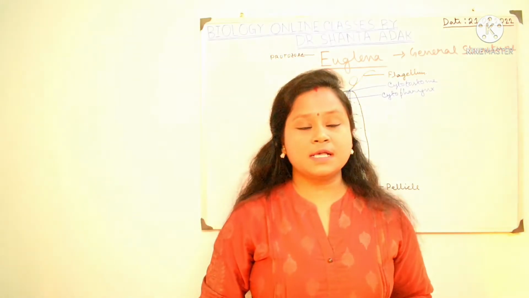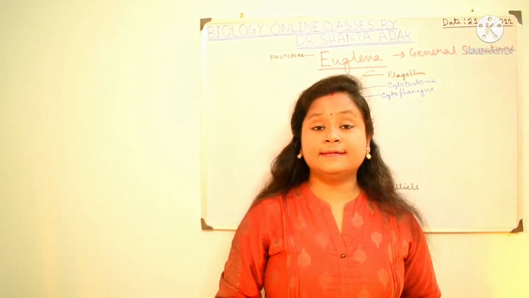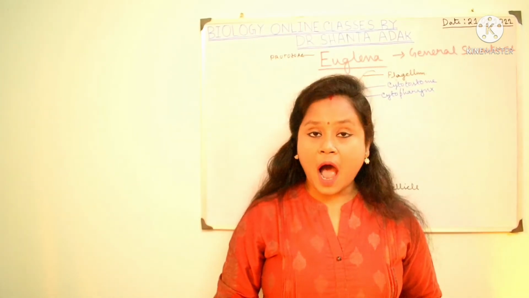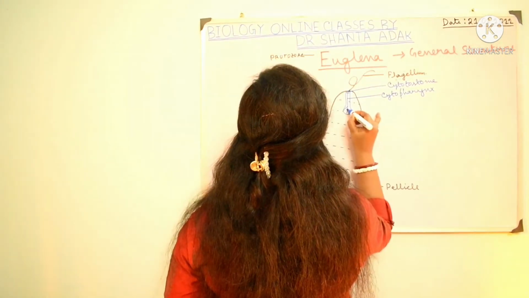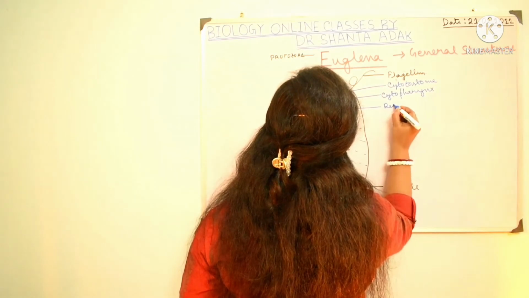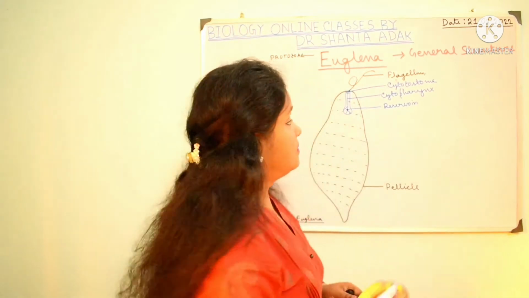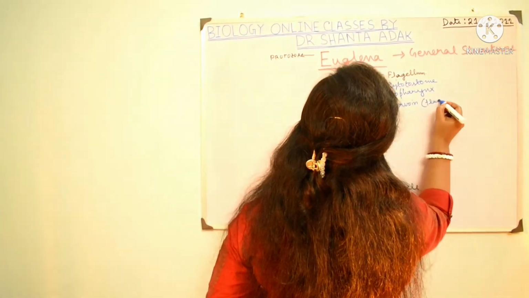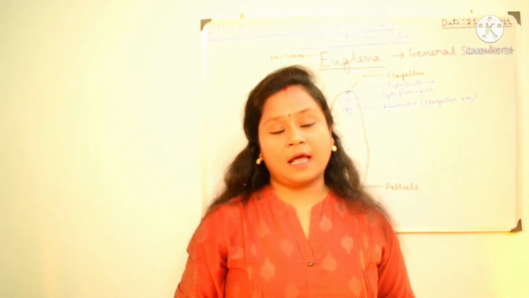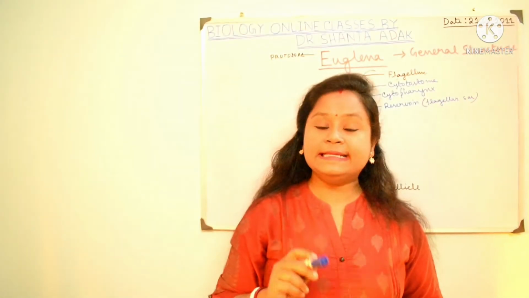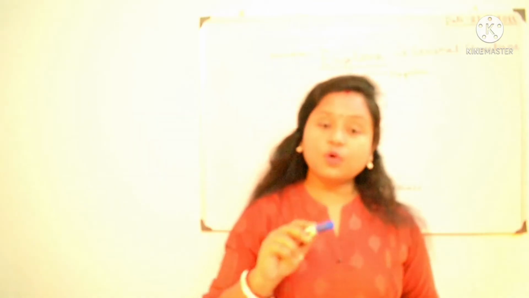The cytopharynx or gullet joins posteriorly with a large spherical vesicle known as the reservoir or flagellar sac. Gullet and cytostome are not used for intake of food, but reservoir fluid is discharged through this passage.